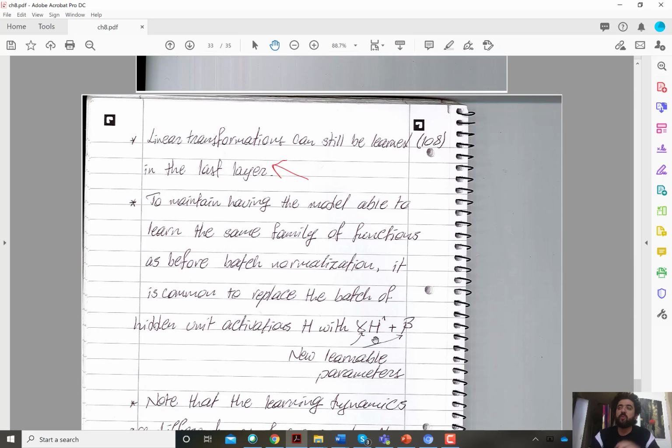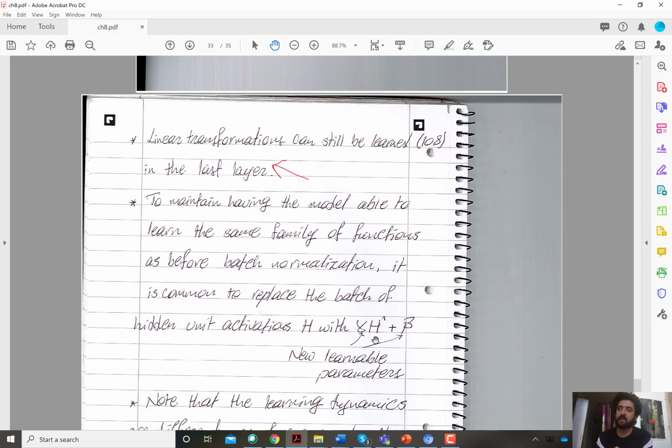Now this h prime, we replace by gamma h prime plus beta. Beta will add mean values, or first order statistics, that are different from the normalized values, and gamma will add second order statistics that are different from the normalized value.